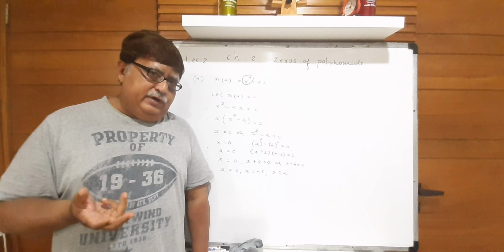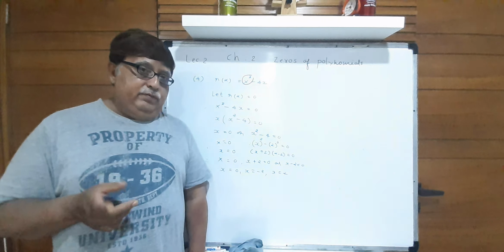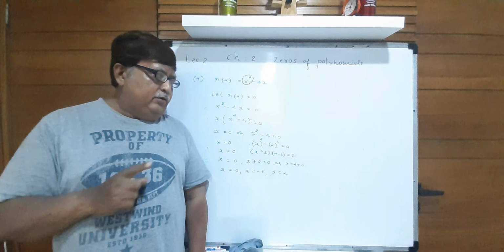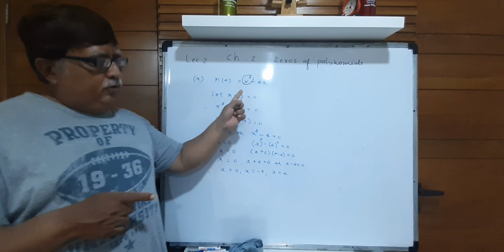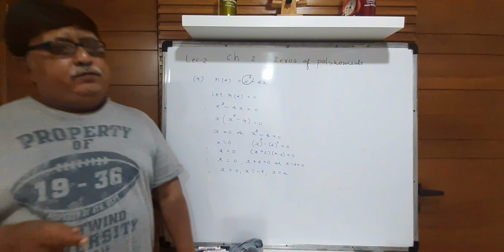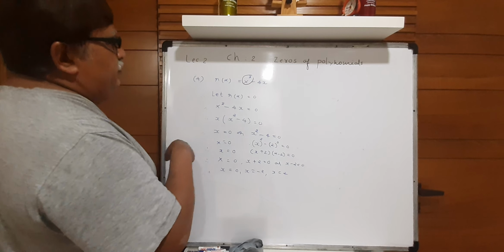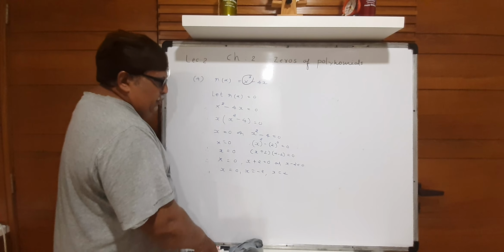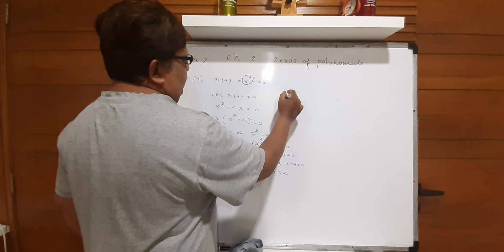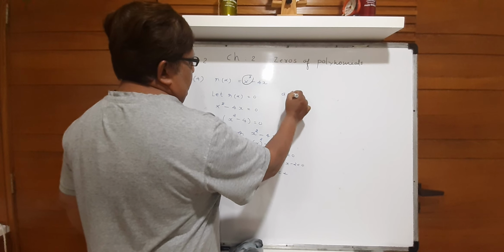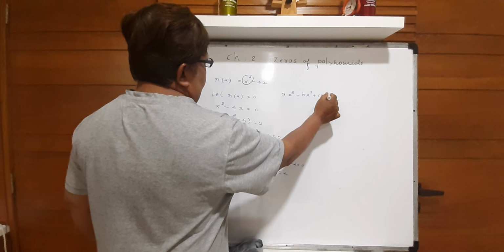It can be a quadratic polynomial, it can be a cubic polynomial. Whenever you come across a cubic polynomial, we know the standard form already. What is the standard form that you know? If it is a cubic polynomial, the standard form is ax cube plus bx square plus cx plus d.